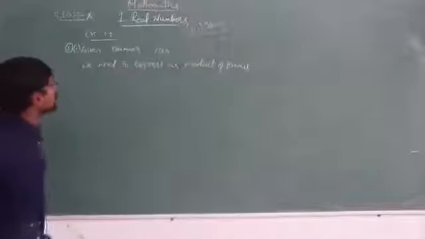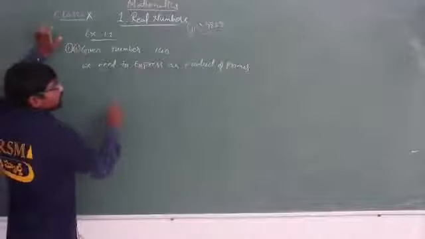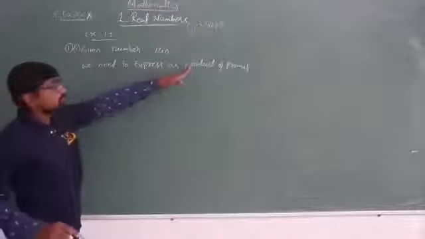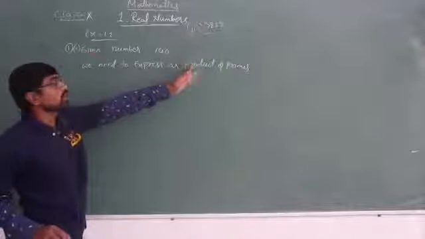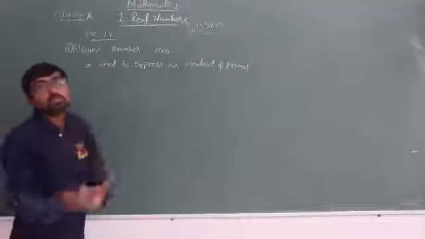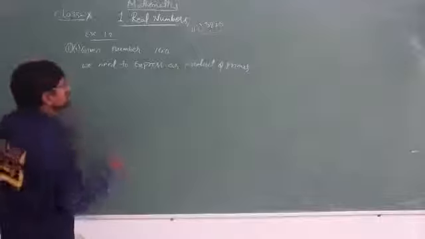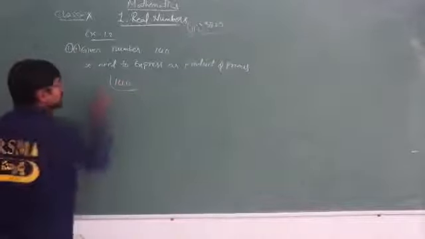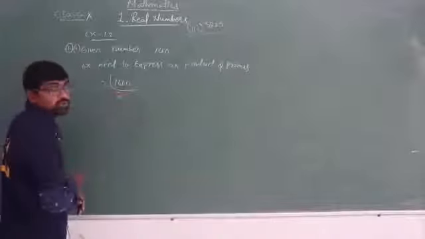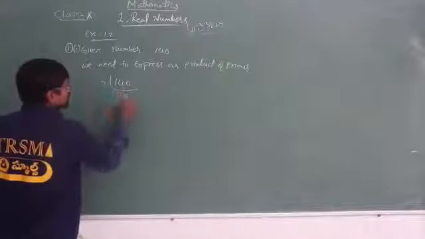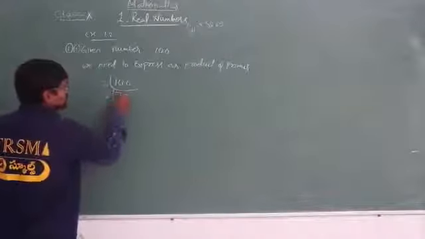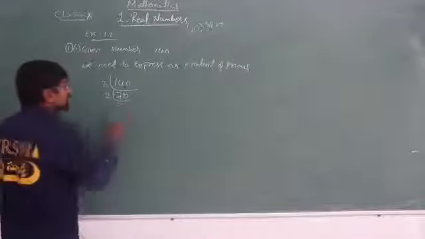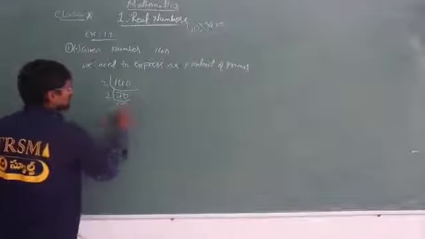Now coming to the point, 140 we have to express in product of primes. For that we have to use the prime factorization method, isn't it? So 140 we'll start from the 2 table. 2 7s are 14, 2 zeros are 0. Again 2 3s are 6, I'll get 1 here. 2 5s are 10.